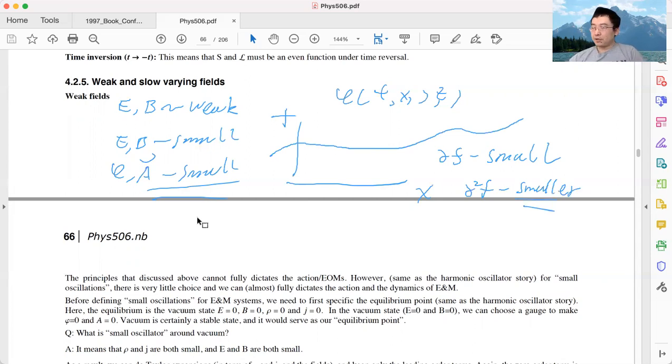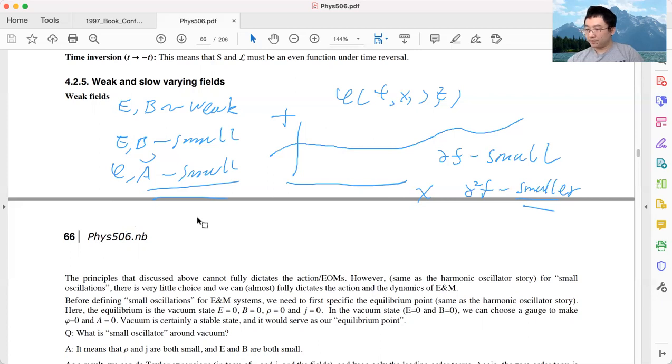So weak field means the field itself is small. So phi is small, my field is weak.